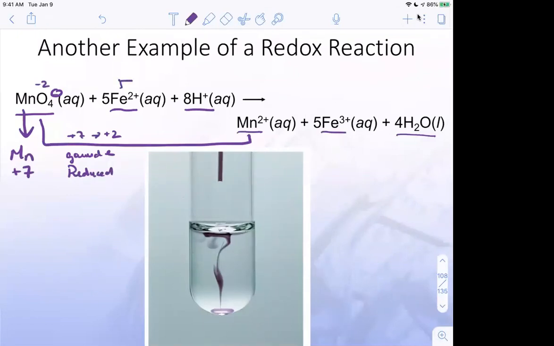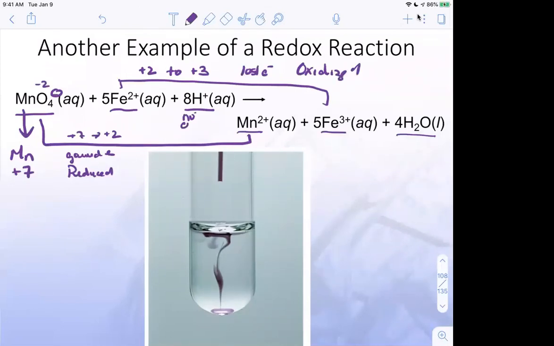And then iron went from +2 to +3, so it became more positive. So it lost an electron and was oxidized. Hydrogen actually has no change.